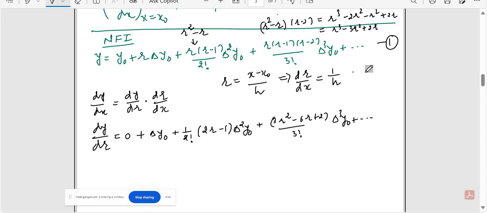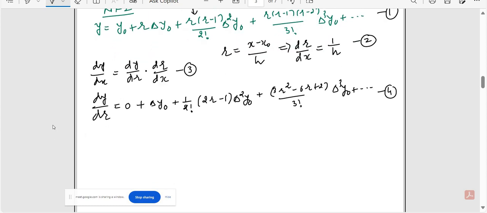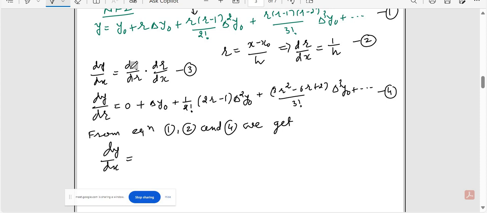Say this is your number 2, this is number 3, and this is number 4. So from equations 1, 2 and 4, dy by dx equals dy by dr, but before that I substitute the value of dr by dx, which is 1 by h.